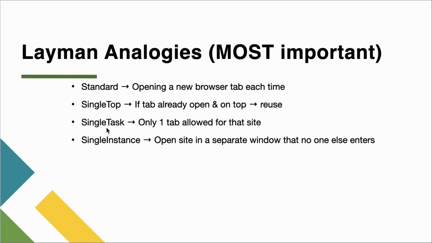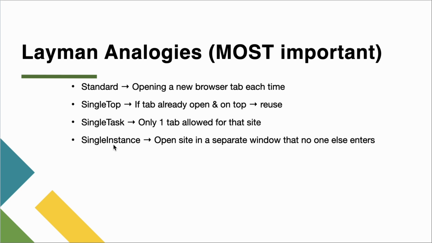That is correct. SingleTask: only one tab allowed for that particular site. So if the tab was already open but there are new tabs on top of it, it will destroy those tabs and use the same tab from the stack. SingleInstance is opening the site in a separate window altogether that no one else enters.